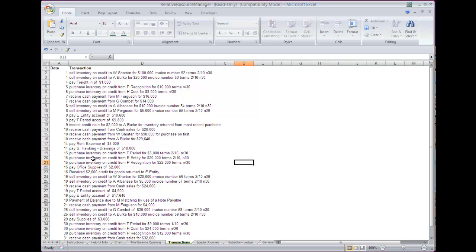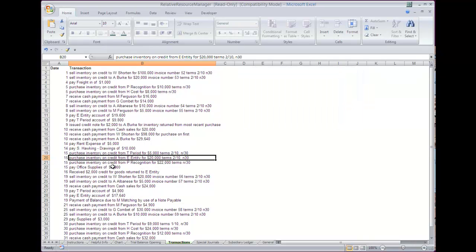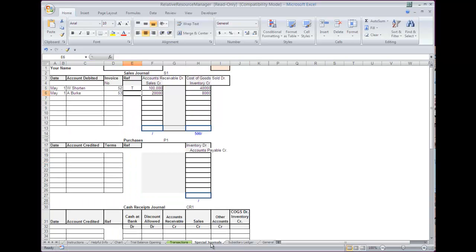Here on the 15th, and we do all of these in order, but I'm just giving you a sense of how they'll go. Purchased inventory on credit from E entity for $20,000. If this is a purchase on credit, this will be the purchaser's journal. So purchaser's journal, date 15th, E entity, terms 2/10 net 30.